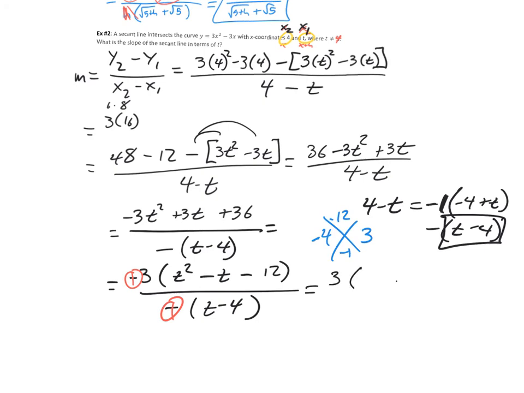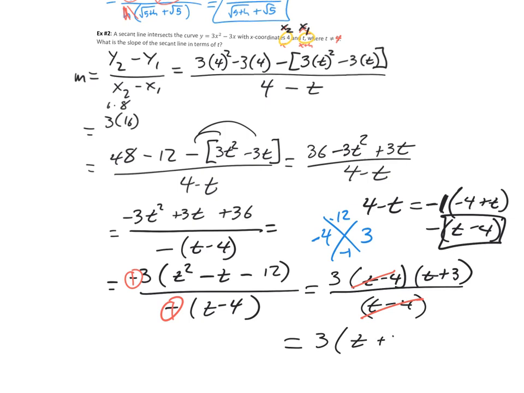I can factor the trinomial to be t minus 4, t plus 3, and on the bottom, I only had a t minus 4. Hey, look, I could cancel those out. And so this does actually simplify to 3 parentheses t plus 3.